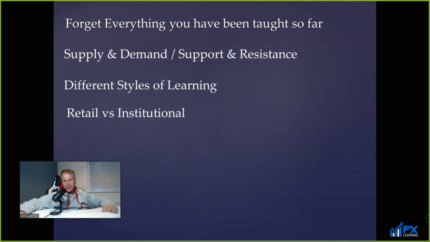Now, if I'm a retail trader and I get taken out and I lose my money because of an institution, my money doesn't go to that institution, it goes to my broker. That's why I say market manipulation doesn't happen all the time, okay? For me, it doesn't make sense why 98% of the institutions that are trading would want to take me out, because if I lose the trade, it goes to my broker, not to them. But it does happen, okay? And we'll cover that throughout the series.